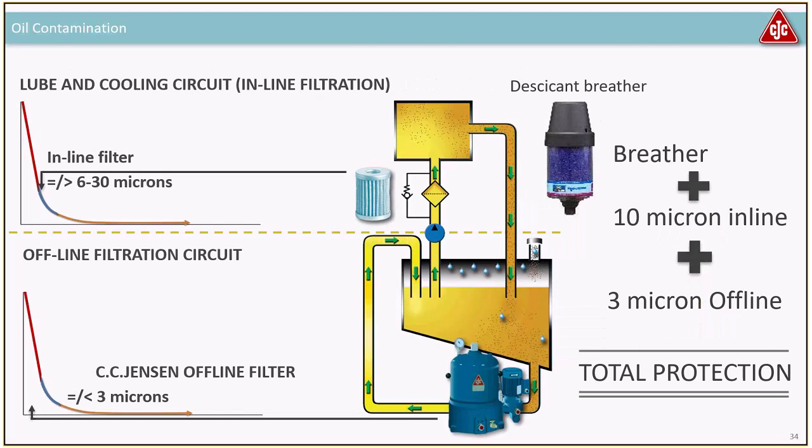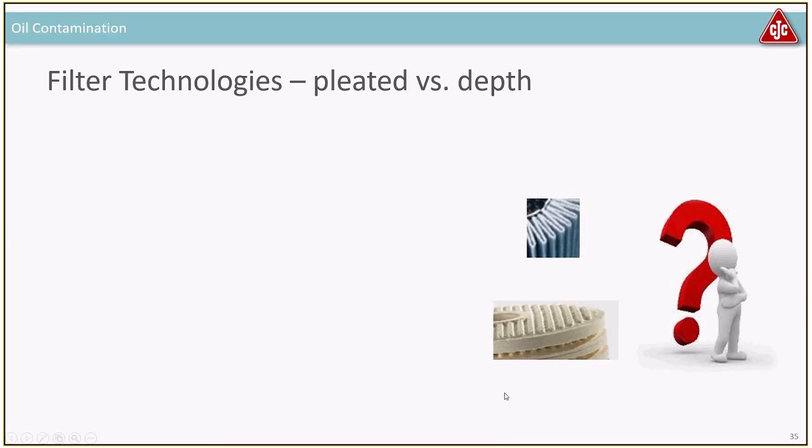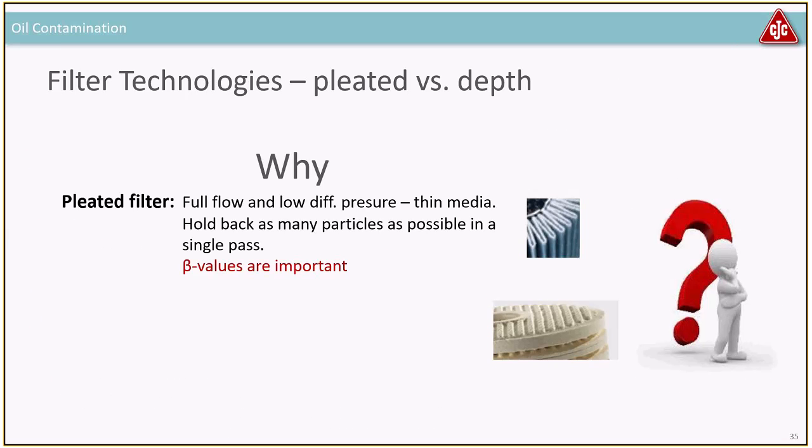Yes, so these systems here, what is the difference between those two types of filters? So my inline pleated filter and my offline depth media. If we look at the inline filters first, they are typically very thin sheets of filter media, pleated like you can see here, to get as big a surface area as possible.